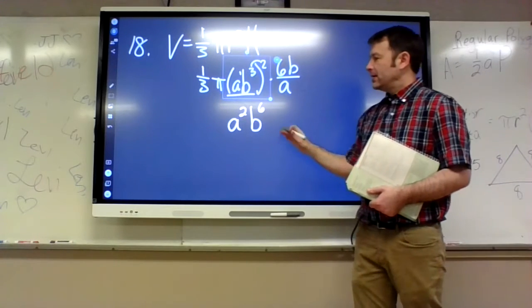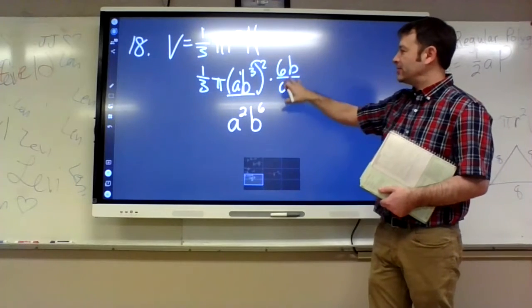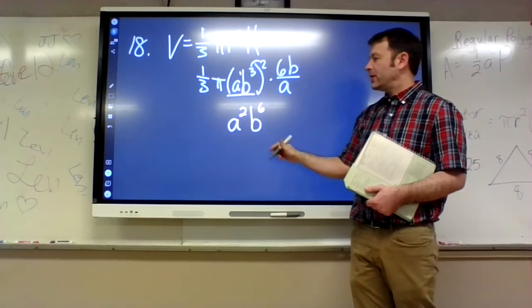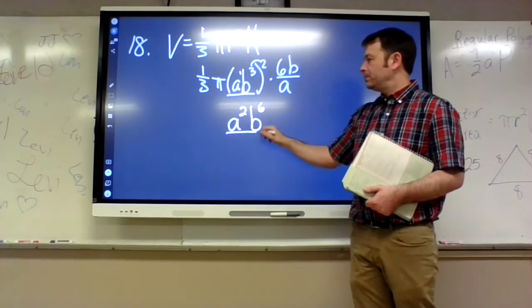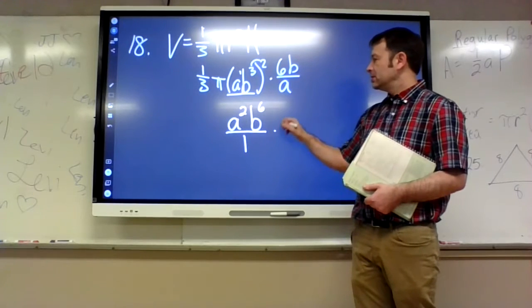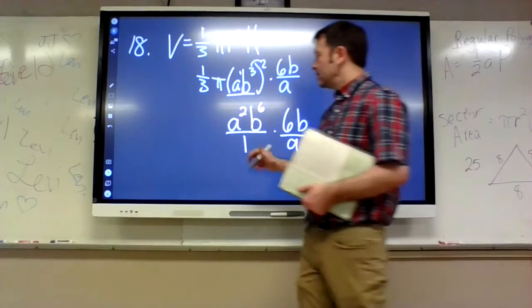Now this is kind of a mess, because we have some fractions and some not fractions, so I'm going to turn everything into a fraction. I'm going to put this as a squared b to the 6 over 1. 6b over a is already a fraction.